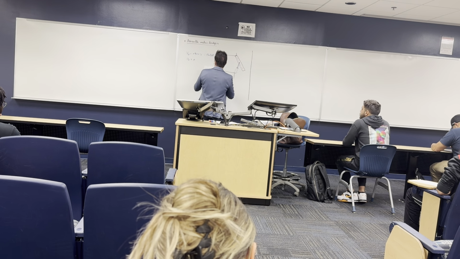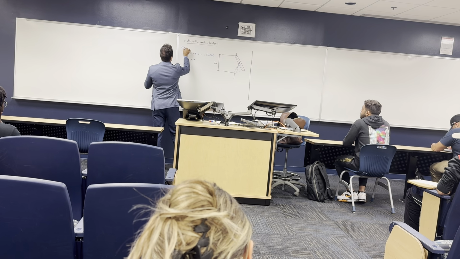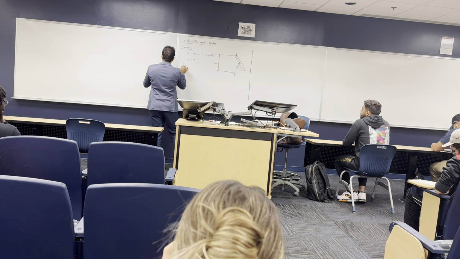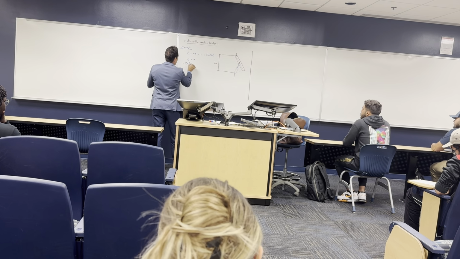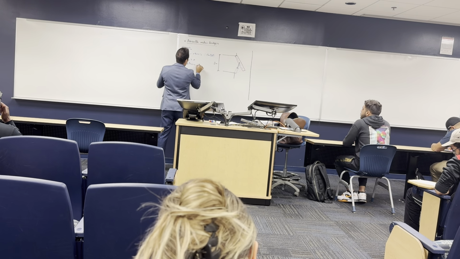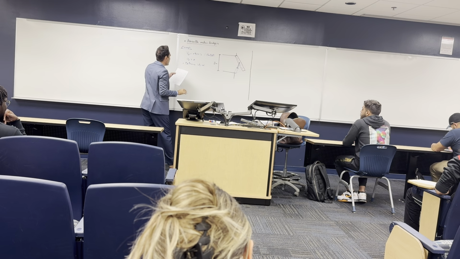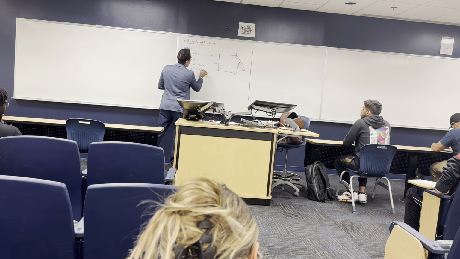Some geometry. So what is it asking for? Let's say this is an example. It's asking to determine the angular velocity, omega, and the angular acceleration, alpha, at theta equal to 30 degrees.